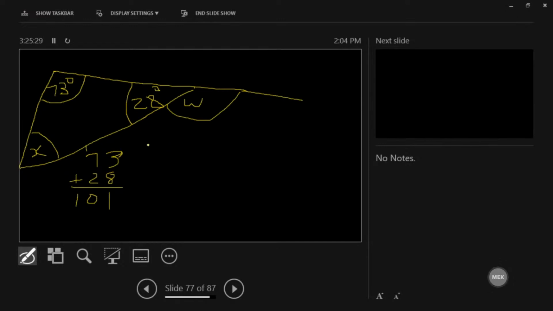And then we take that from 180. 79. So X is 79 degrees. All right, so far so good, right?